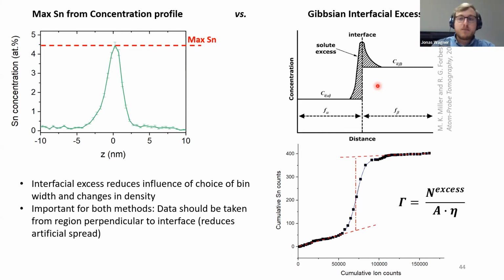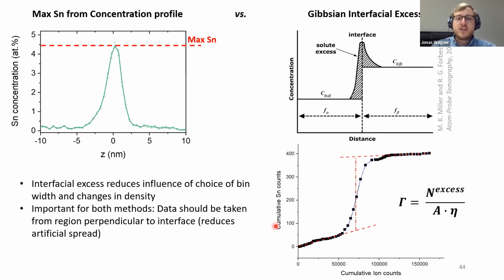If you have a perfect sample that has a constant density, that would somehow be related to the area under the curve, as you can see here, just for illustration purposes. But the way we calculate it helps us to make our number more robust, less dependent on, for example, the choice of bin width, and it can also compensate for change in density, right?